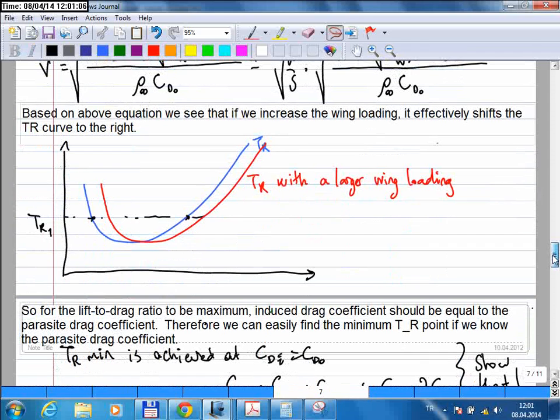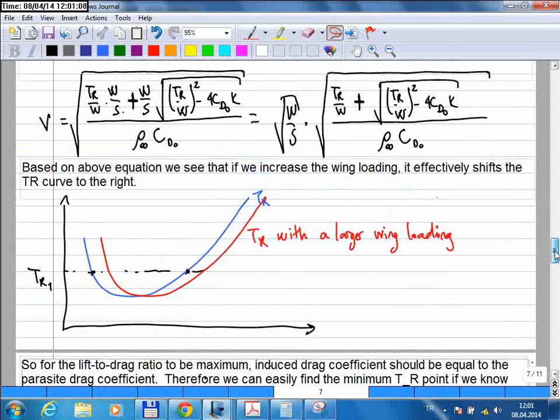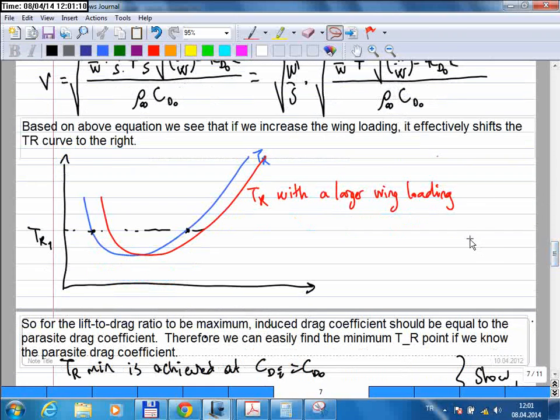So, do you think this is a good thing? Well, it depends. If you want to fly faster, this is a good thing, right? Because let's say with the blue aircraft, at this thrust level, you can fly at this speed.